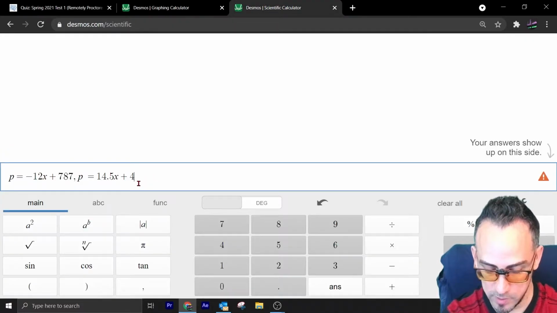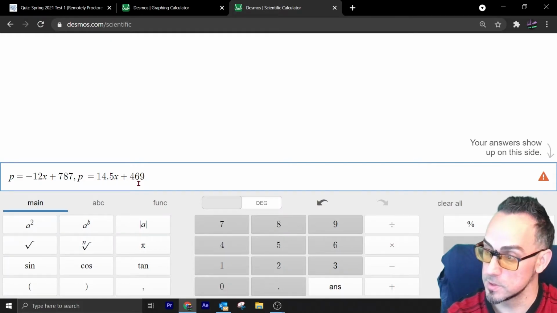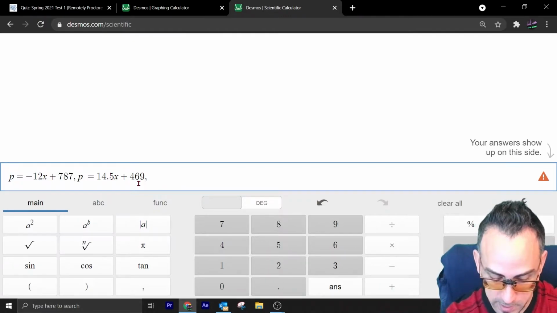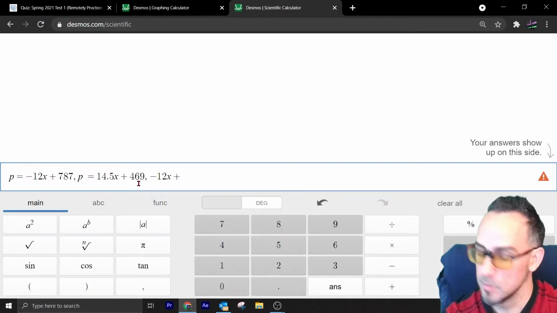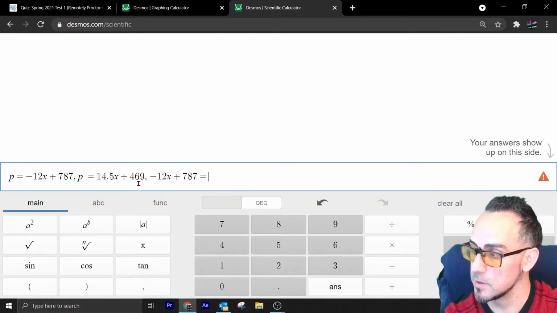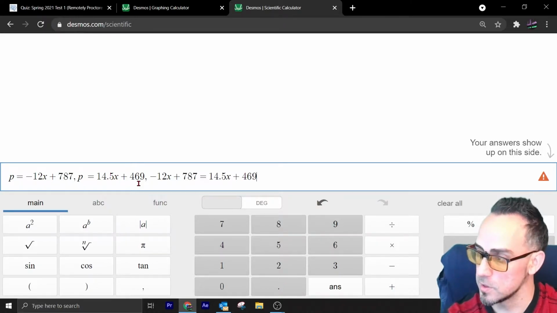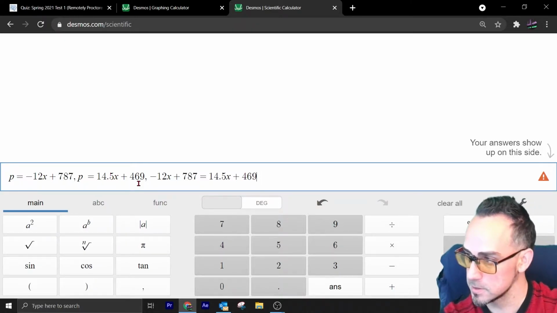With that system, I can set the P's equal to each other: negative 12x plus 787 equals 14.5x plus 469. See how we can set them equal to each other, and then from there we can subtract.